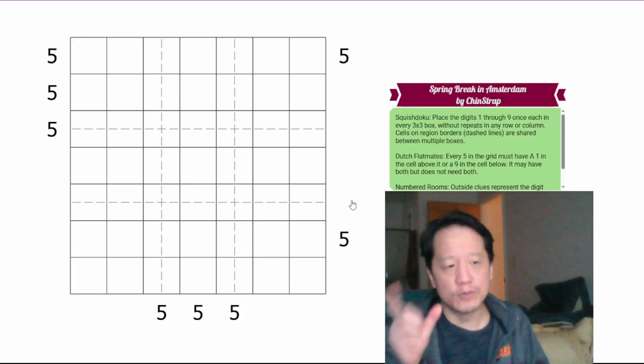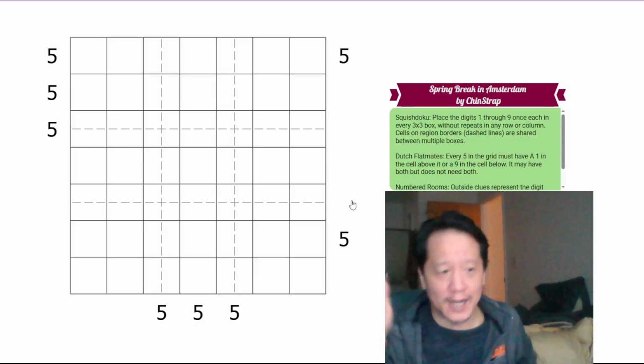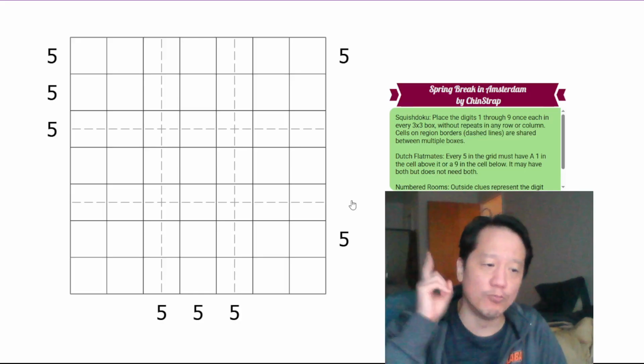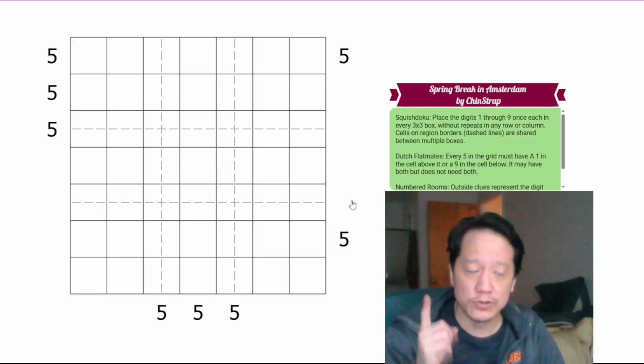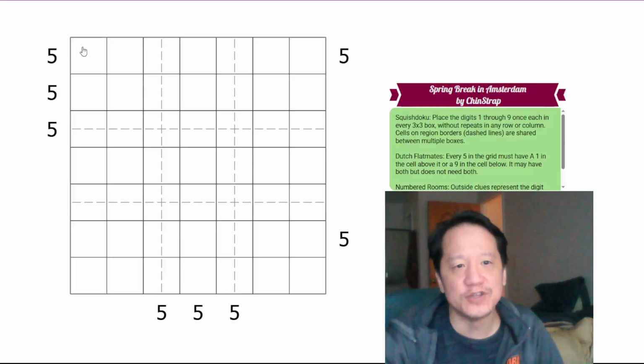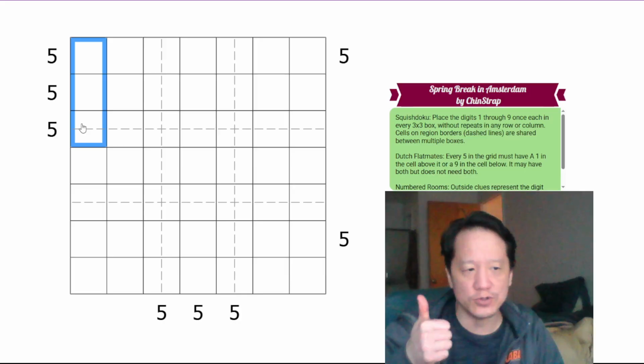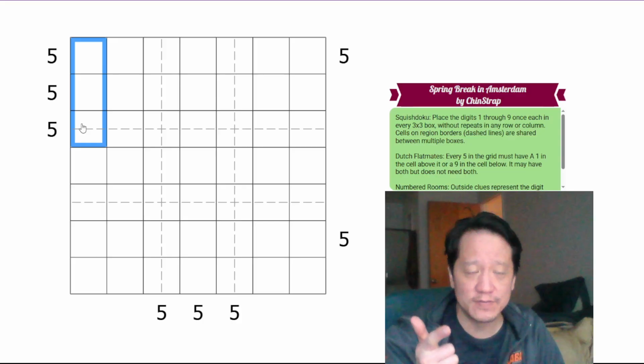Okay, for numbered rooms clues, unless the clue outside the grid is a 1, the numbered rooms clue cannot be a 1. The digit next to the numbered rooms clue can never be 1 or the digit itself, right?